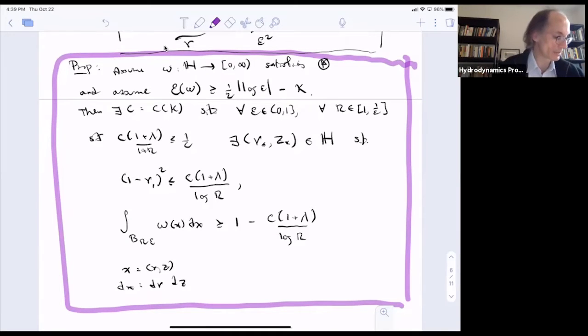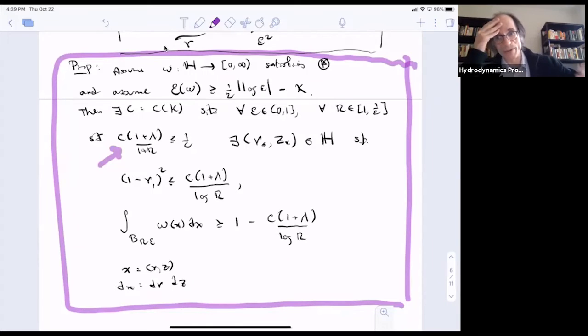If epsilon is small enough, then this technical condition will be satisfied. Basically I'd like to imagine a sequence with epsilon going to 0, and I'd like to take an R that is diverging, and then this technical condition will always be satisfied. So R, for example, is epsilon to the -1/2.